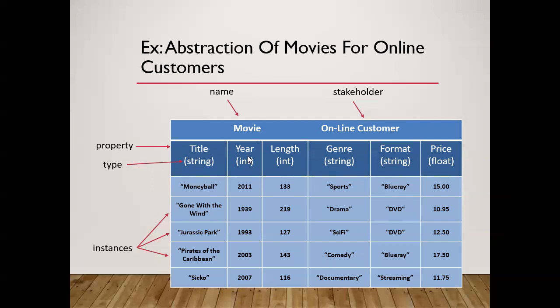It was only released in one year. It has only one length. It has one genre. I don't know how you say that, genre. It has one format. Oh, it might have multiple formats, really. And it has a price, and that might change as well. Then we see that the instances relate to different movies that all sort of fit that pattern.